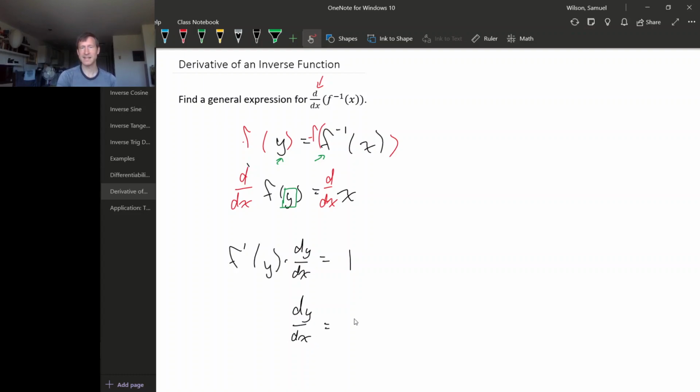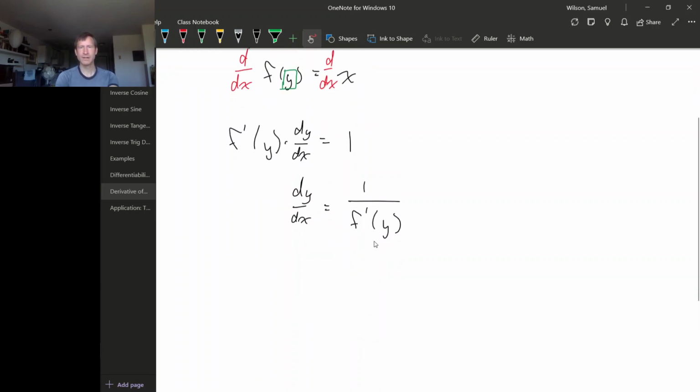We get dy dx is 1 over f prime of y. Okay, and remember that y is actually f inverse of x, so this is 1 over the derivative of f at f inverse of x.